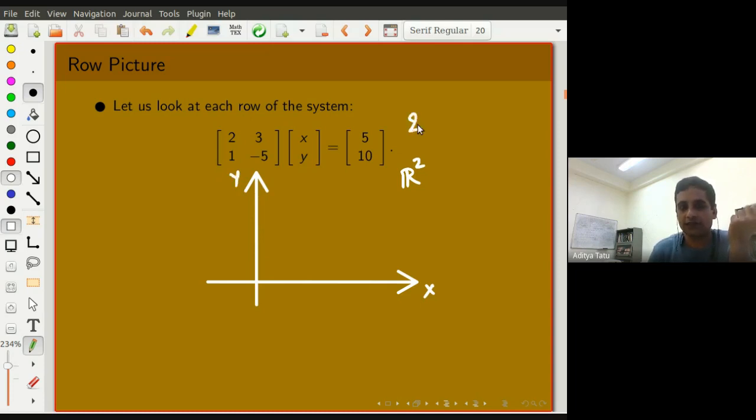What are the equations? 2x plus 3y equals 5. How do I draw this line? I hope all of you agree this is an equation of a line.